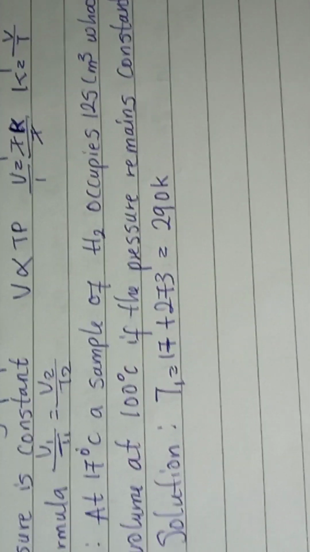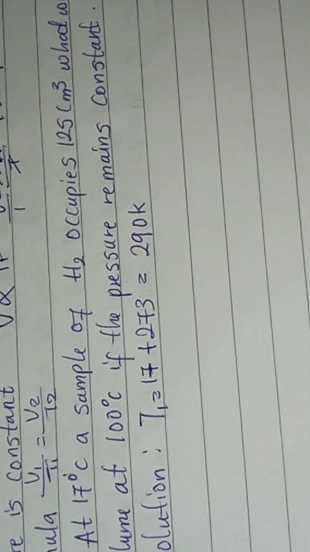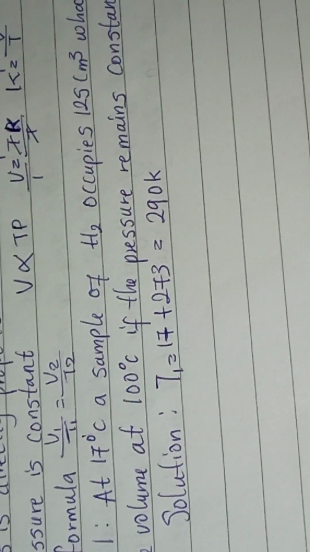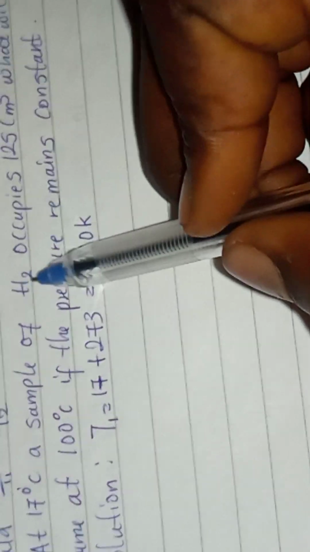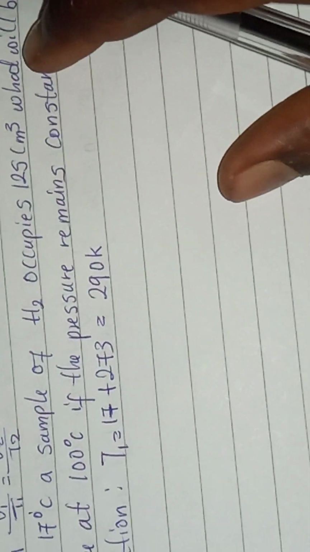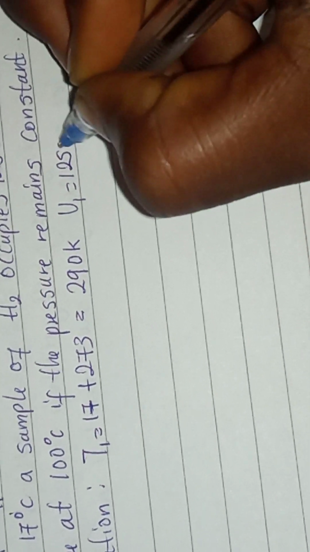Now we've changed the first temperature, and we say at this temperature it occupies a volume of 125 centimeter cube. This is hydrogen gas. H2 is hydrogen gas. So it occupies 125 centimeter cube. So our V1 is what? 125 centimeter cube. So what will be the volume at T2?